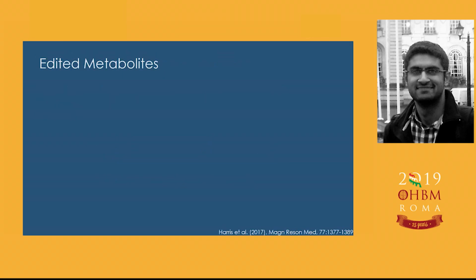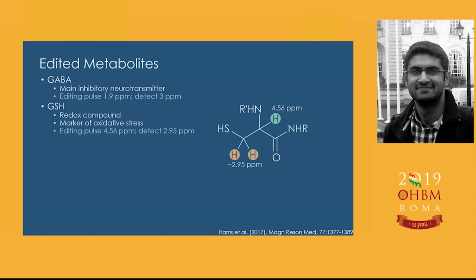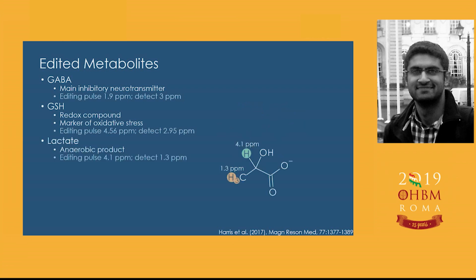So what are the metabolites that we usually edit using this sequence? The first one, the most common, is GABA. GABA is the main inhibitory neurotransmitter. You can apply the editing pulse at 1.9 ppm and detect it at 3 ppm. Glutathione is a redox compound and a marker of oxidative stress. It can be measured by applying the editing pulse at 4.56 ppm and detecting at 2.95 ppm. Then we have lactate, an anaerobic product, which can be measured by applying the editing pulse at 4.1 ppm and detecting at 1.3 ppm.